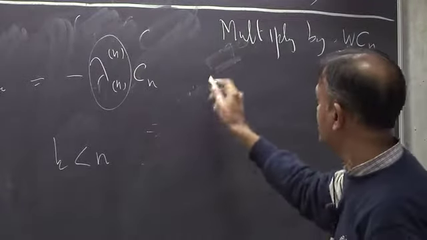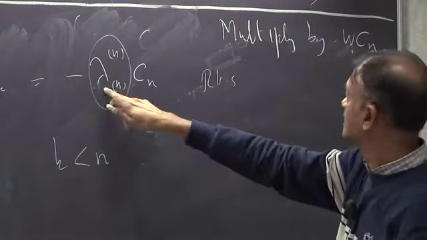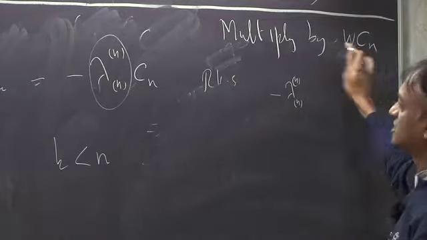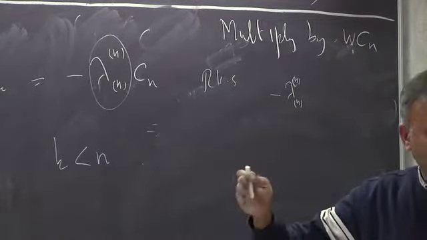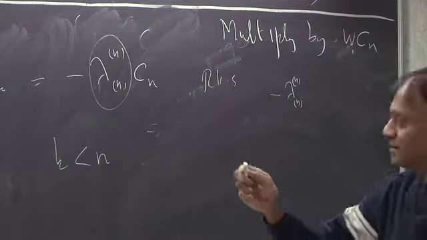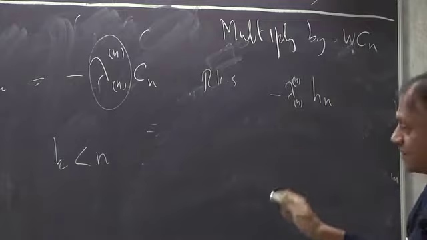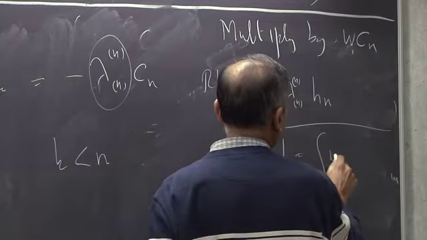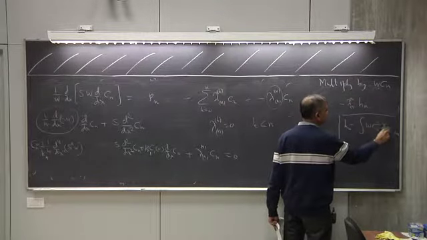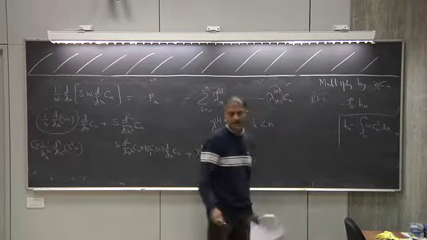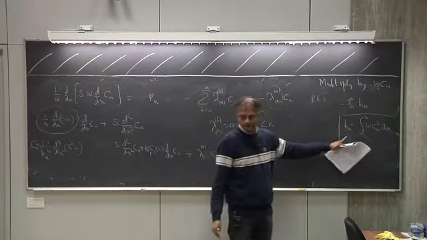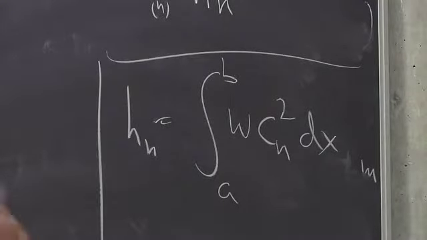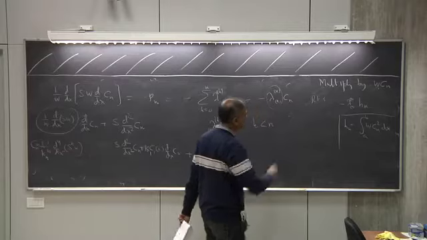So on the right hand side you get minus lambda n times the integral of w Cn times Cn, but that is the norm square of the Cn, which is what we were calling Hn. Just to remind you, Hn was the integral of w Cn squared dx from a to b. It's some number, I just call it Hn. It is certainly a non-zero number, we know it is a positive number. So right hand side is that.